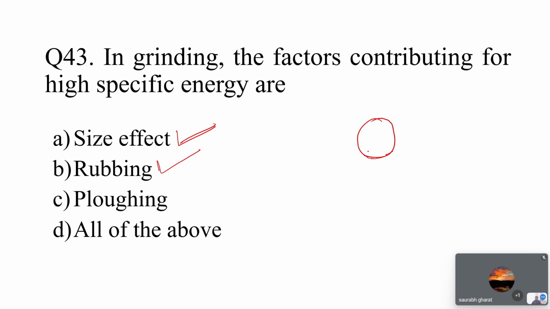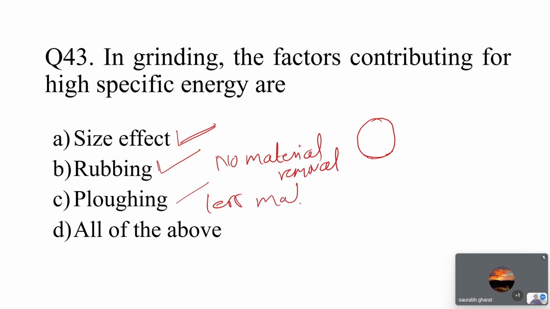Due to that, your power will be increased because in rubbing, energy is used but material removal is not taking place, so your specific energy is high. Again, in plowing the material removal rate is very low. Here there is no material removal, here there is less material removal.